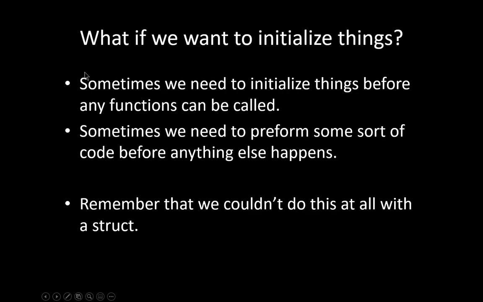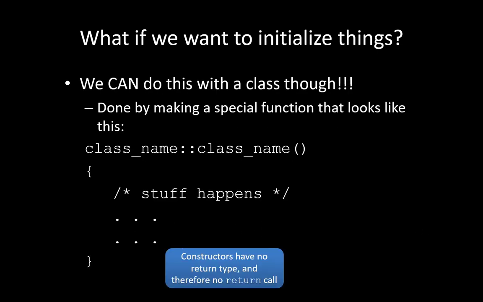Okay, so what if we want to initialize things? Well, if we want to create a class and then initialize it to something. Remember, we couldn't just have it default initialized to things with our structs. Well, we can do that with our classes, and this is where we get into what's called a constructor. A constructor looks like a function definition like we just looked at for your class, except there's no return type.